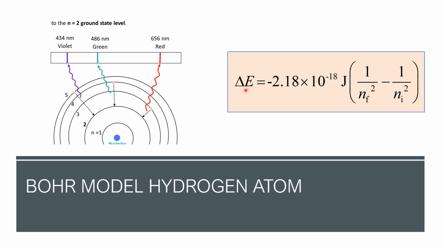The change in energy equals the Rydberg constant, 2.18 times 10 to the negative 18 joule, times 1 over the electron at its final level squared, minus 1 over the electron at its initial level squared. By the way, sometimes you will see this with no negative sign here.